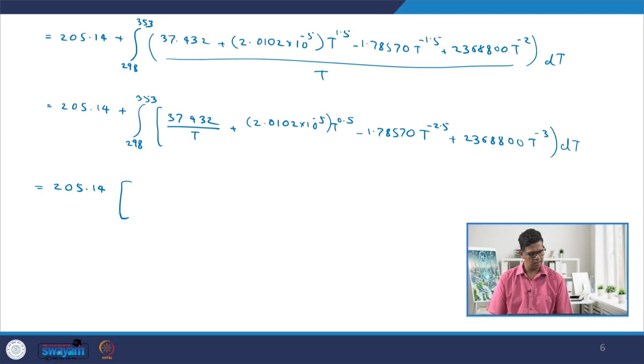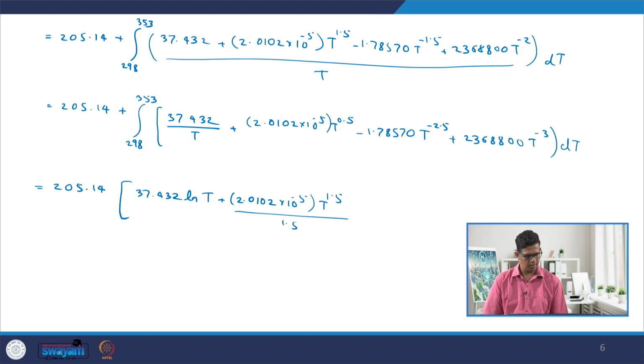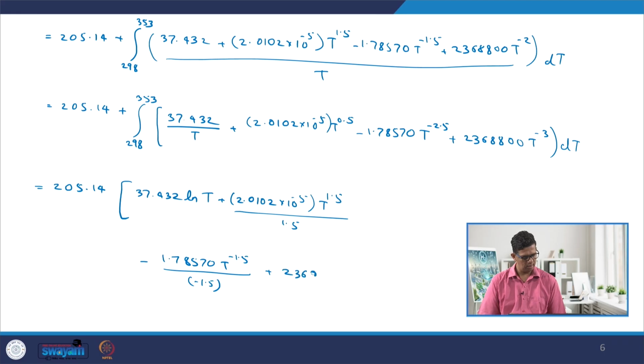So, this is our temperature term: 37.432 ln of T plus 2.0102 into 10 to the power minus 5 times T to the power 1.5 by 1.5 minus 1.78570 times T to the power minus 1.5 by minus 1.5 plus 2368800 divided by minus 2 times T square. So, this is at temperatures 298 to 353.